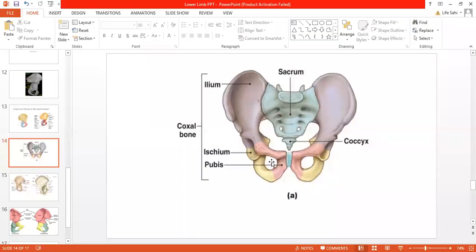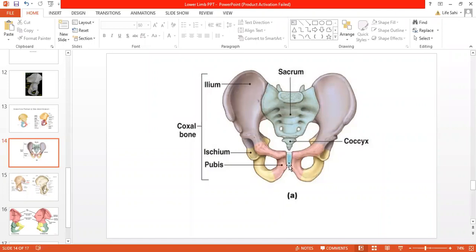Here is another diagram in order to understand the anatomical position and side determination of the hip bone, taking into consideration the different parts of the hip bone and their surfaces. So this is a complete diagram showing a complete pelvic girdle. As you can see, the pelvic girdle is formed on either side by the hip bone.